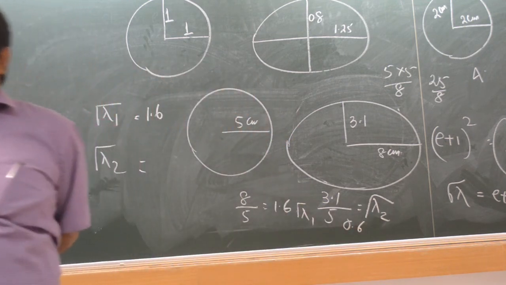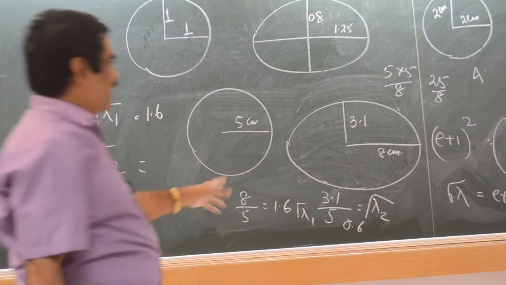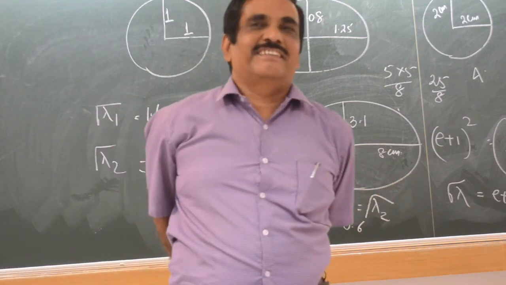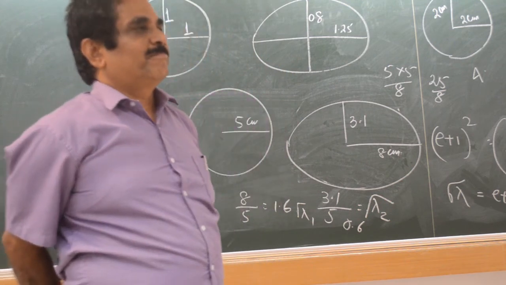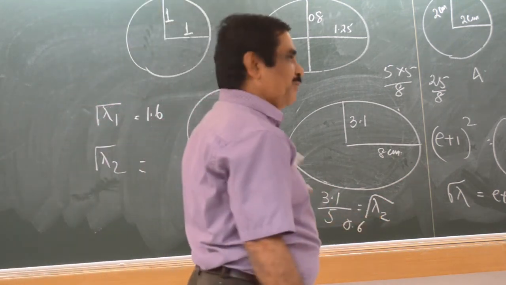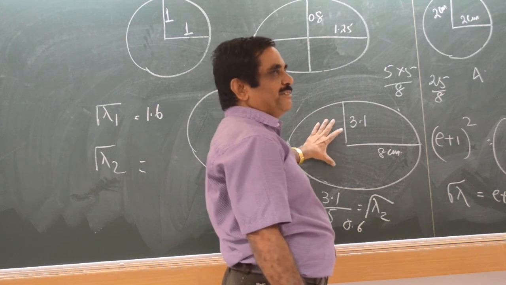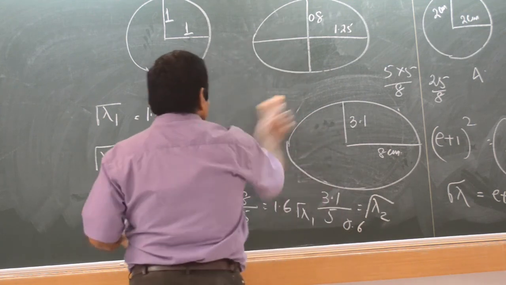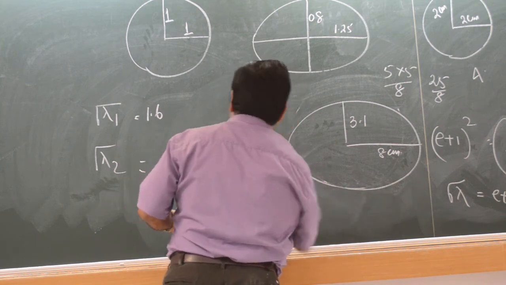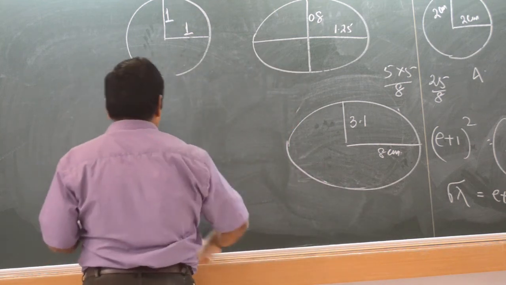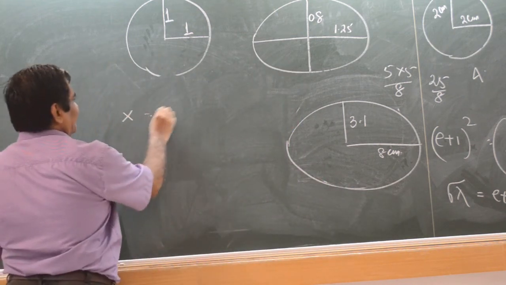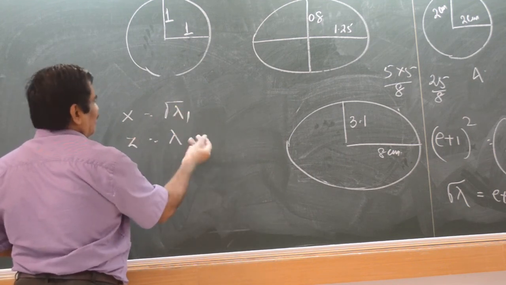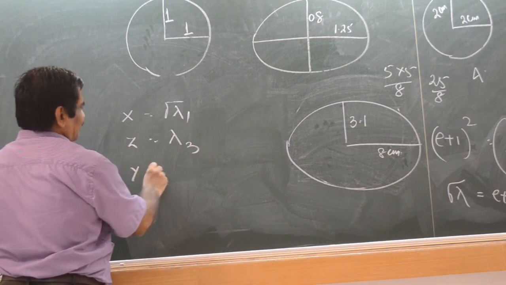Understand? So ये root lambda 1, root lambda 2, you should know from where it is coming. ठीक है ना? You can calculate the dimension of a strain ellipse. So x is equal to root lambda 1, z is equal to root lambda 3, y is equal to root lambda 2.